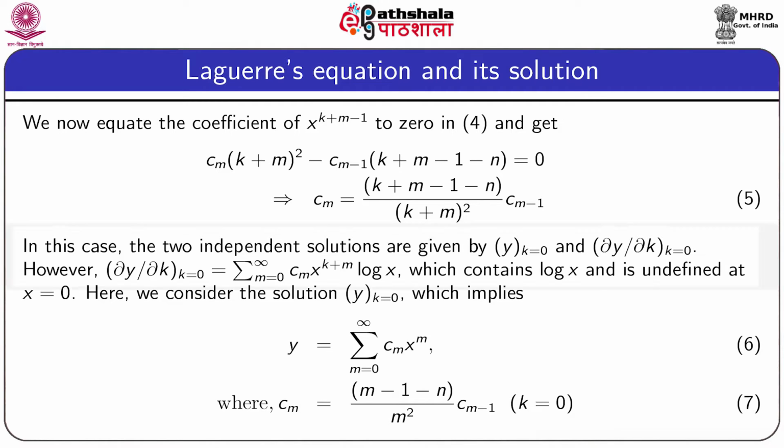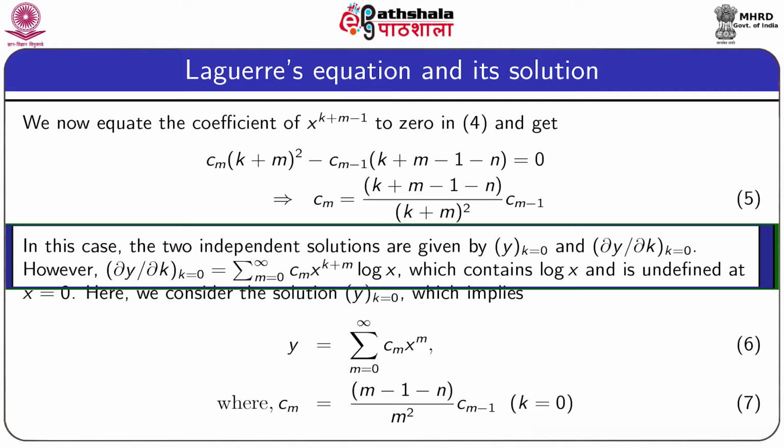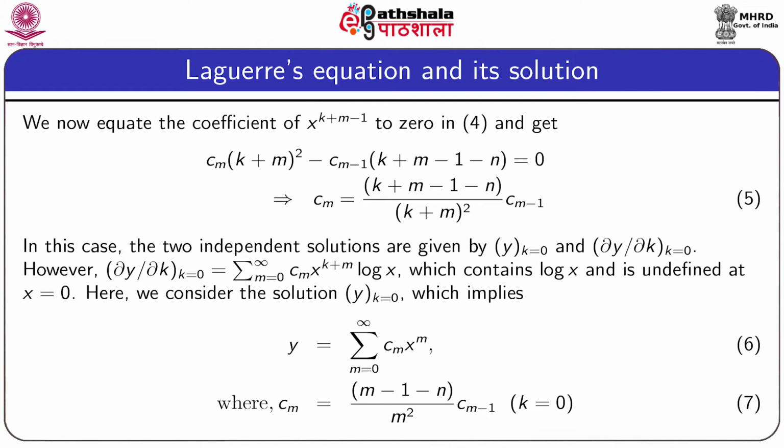Now, in this case, the two linearly independent solutions will be given by the value of y at k equal to 0 and del y/del k at k equal to 0.